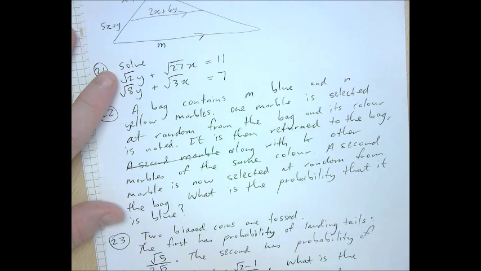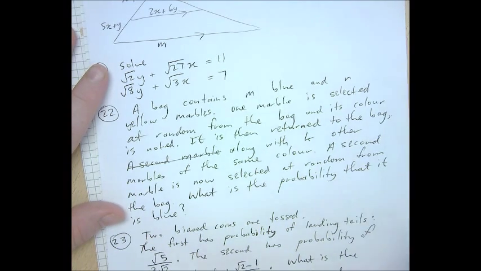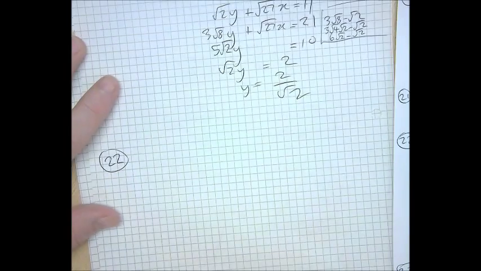Okay, in this question, a bag contains m blue and n yellow marbles. One marble is selected at random from the bag and its colour is noted. It is then returned to the bag along with k other marbles of the same colour. A second marble is now selected at random from the bag. Okay, so I think this is a true situation.